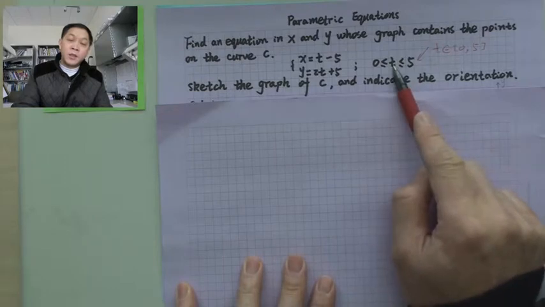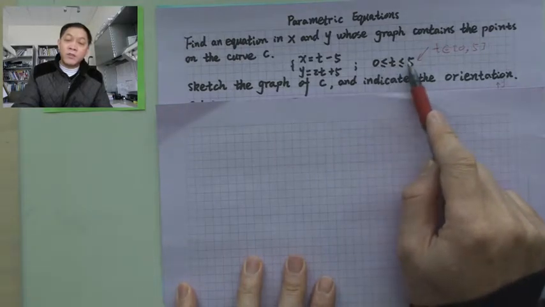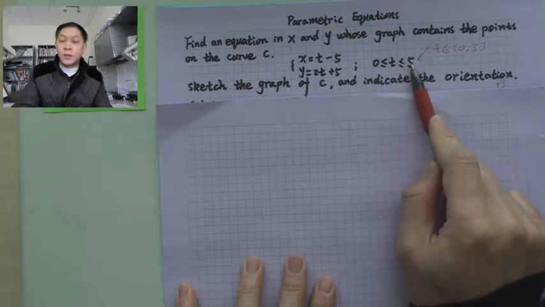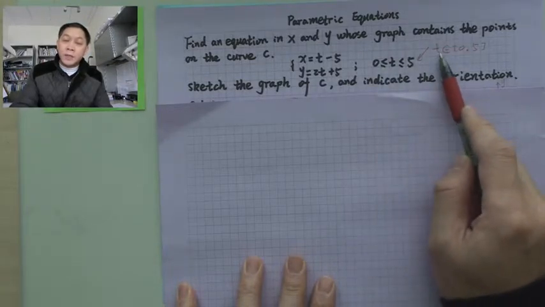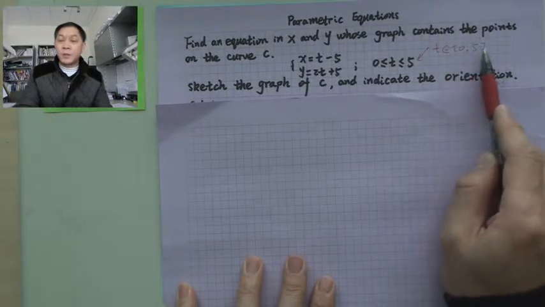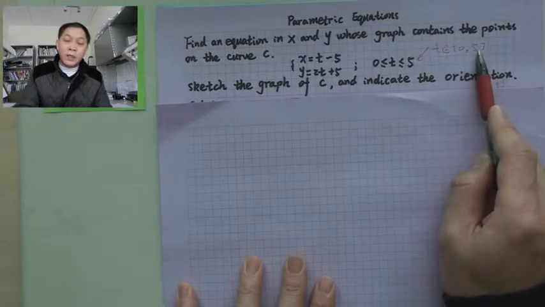Here t is restricted from 0 to 5, and 0 and 5 are included. You can also write t is in the interval [0, 5] with square brackets, meaning 0 and 5 are included.